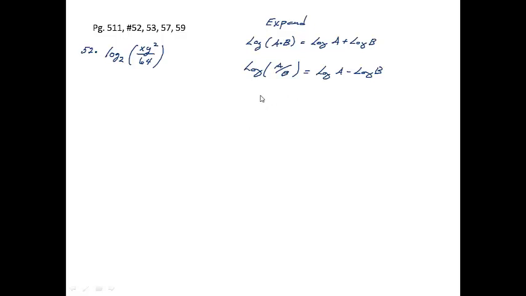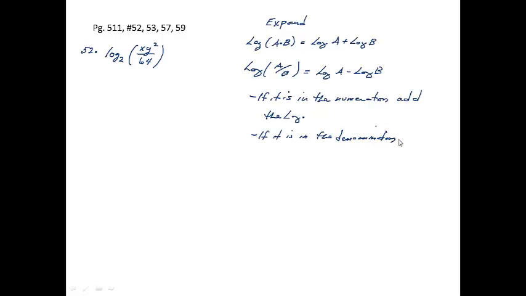Basically, the rule is, if it is in the numerator, then you're going to add the log. If it is in the denominator, then you would be subtracting the log.